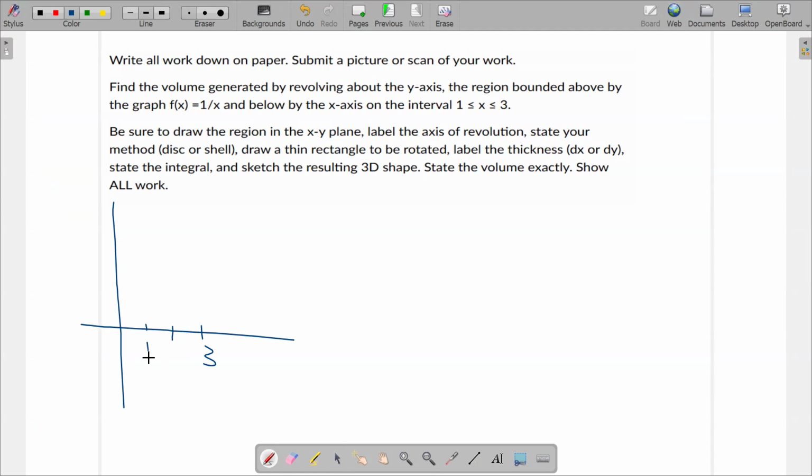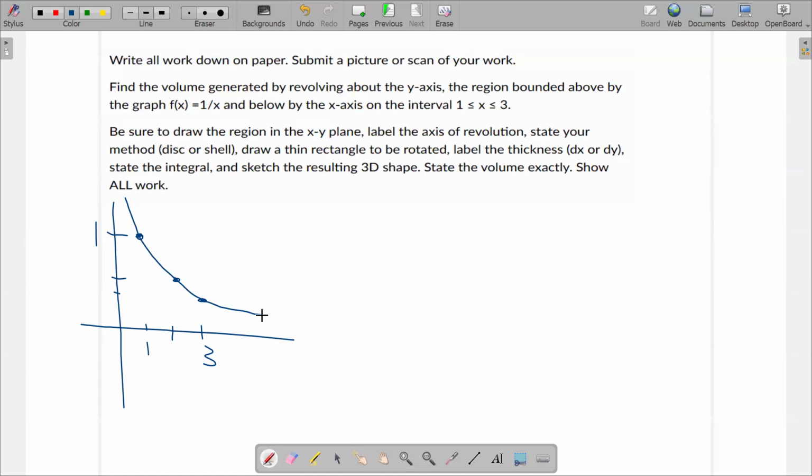So I'm going to put 1 way up here, and so that's about a half, and that's about a third. So I have points here, 1 over 2, and 1 over 3. So here's my curve sliding down through.